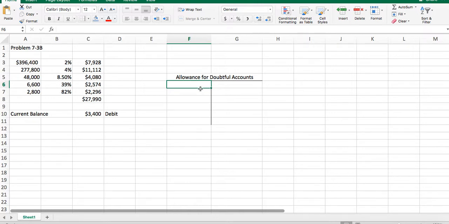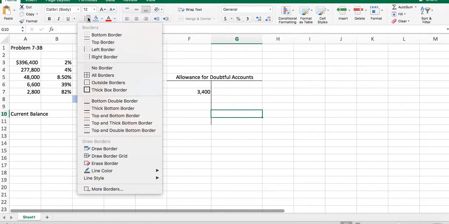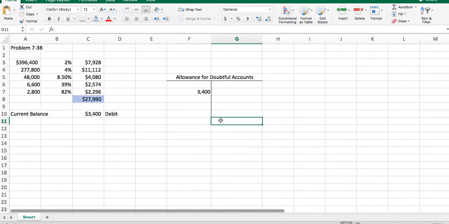Right now this has $3,400 in it. Our goal is that the balance be this $27,990. So when we calculate that, we want to have a credit balance of this amount.